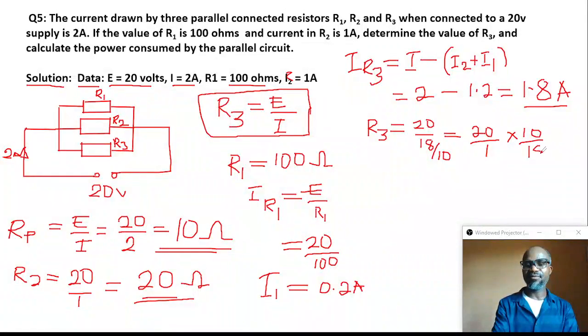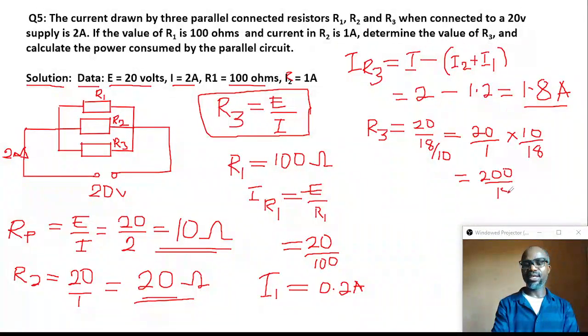Very simple. 2 can go. This is 200 over 18. 20 times 10 is 200. Then over 18. Let's see how it goes.